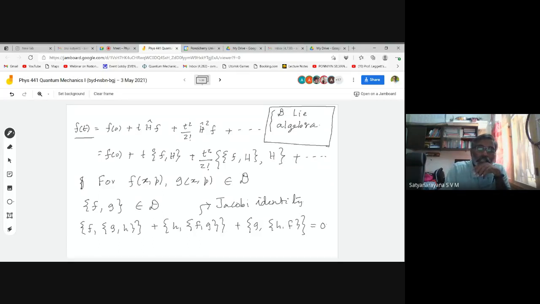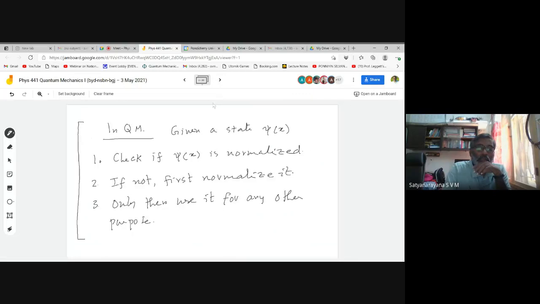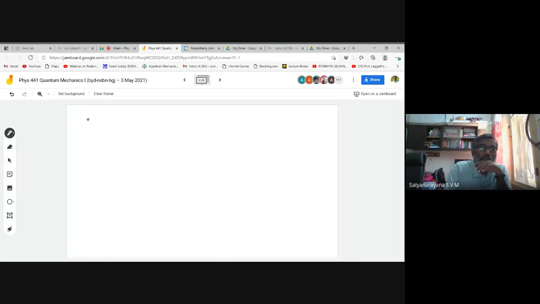Now, why I am saying all this is that in quantum mechanics, when you go to quantum mechanics, every function of x, p, there will be some Hermitian operator. Okay.